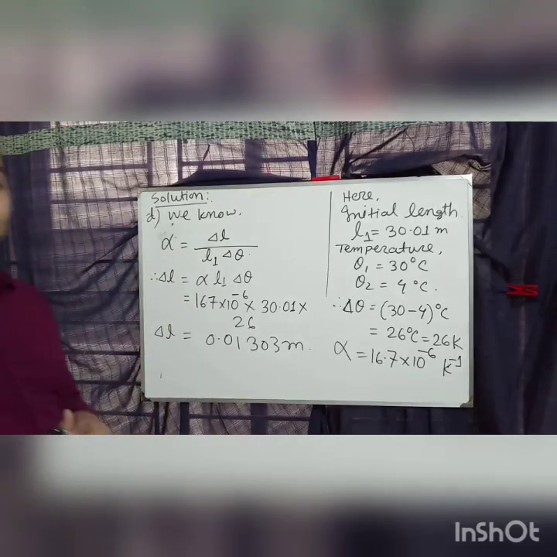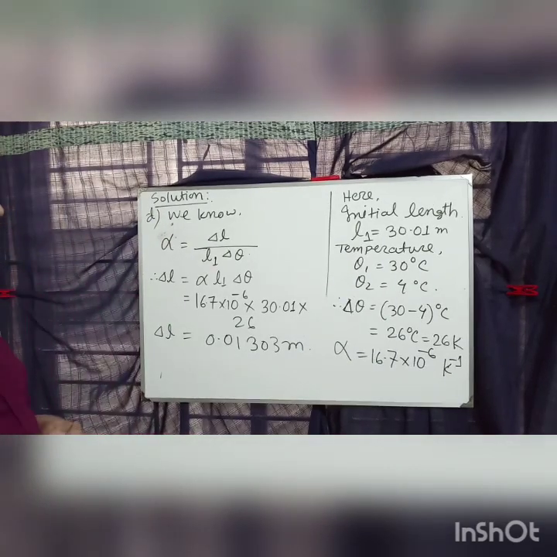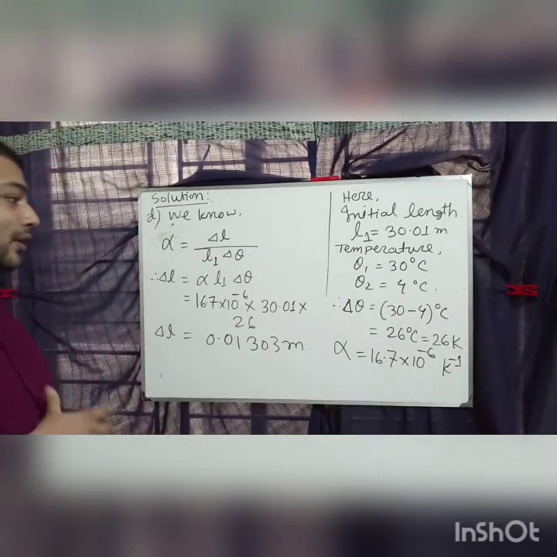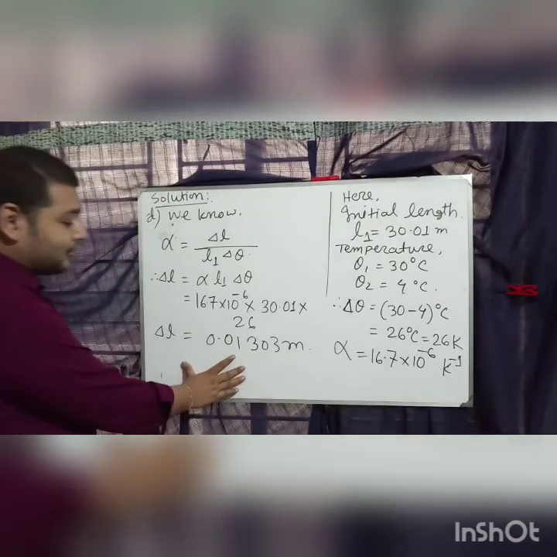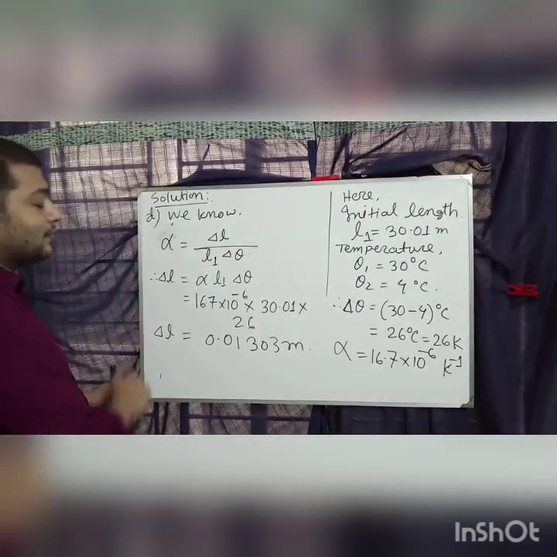We know that for decreasing temperature the copper wire will contract. So this is the contraction value.